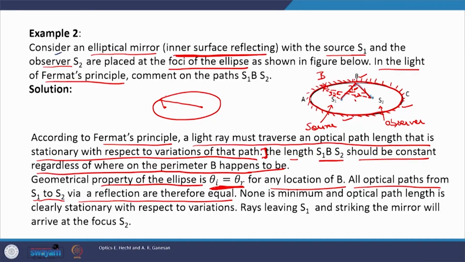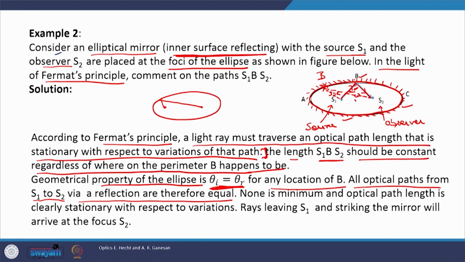Or if you take two nails and tie a rope between these two nails, and the length of this rope is longer than the distance between the two nails, then if you put a pen here and rotate it, it will form an ellipse.